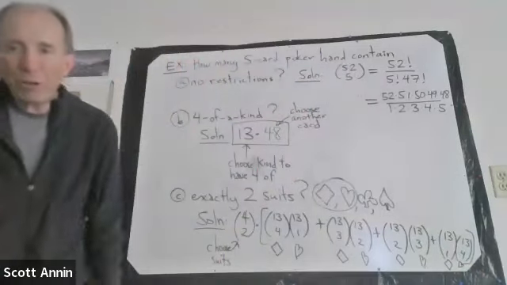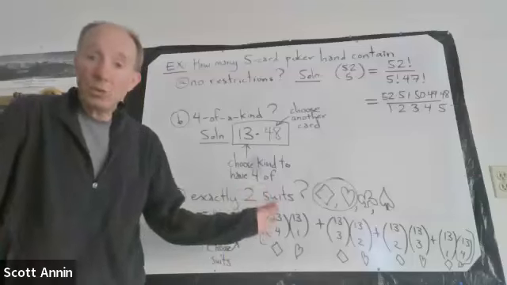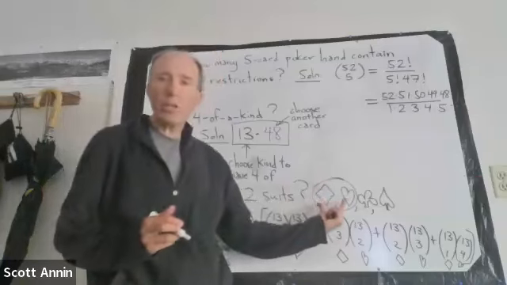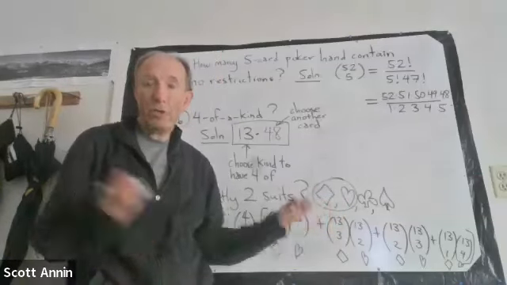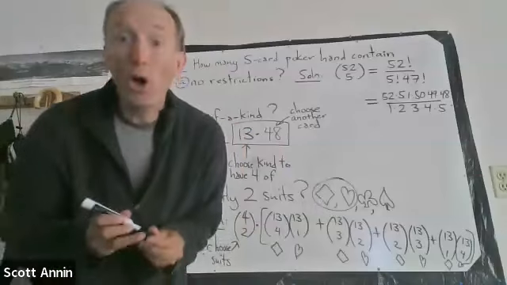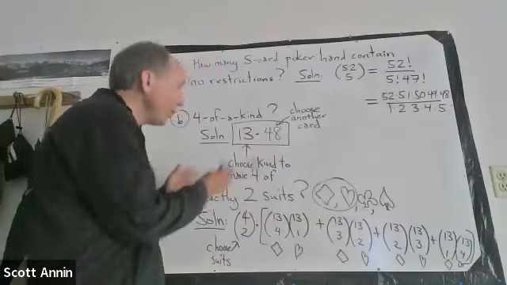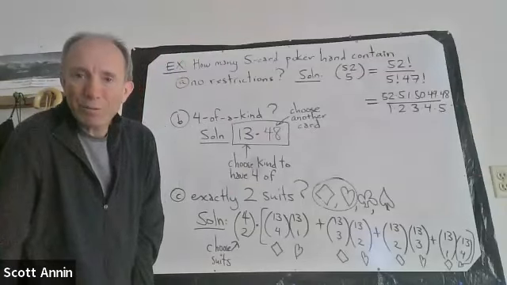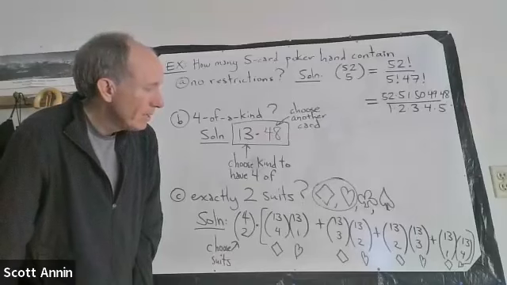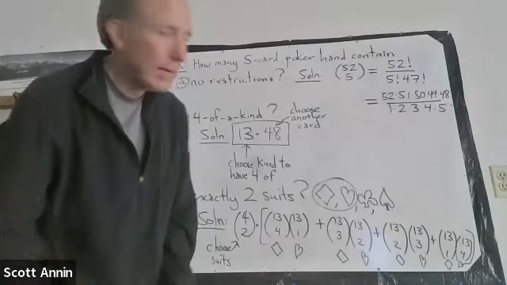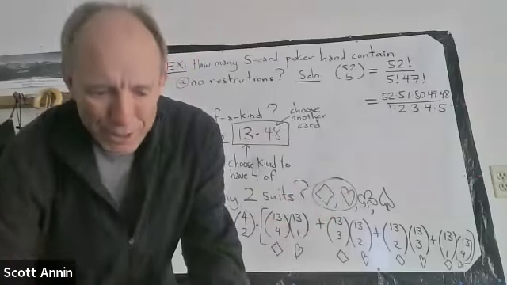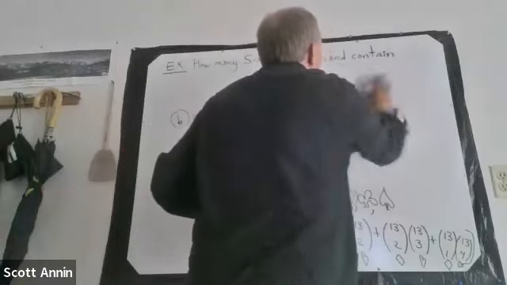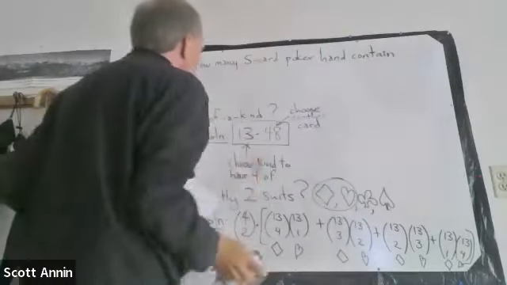That way you're making sure that you get at least 1 diamond and at least 1 heart. You can't just say, well, there's 26 cards here, let's just choose 5 of them, because you could accidentally choose 5 hearts, and then you haven't used both the diamonds and the hearts. So we do have to be a little bit careful. Great, so that's the answer here. And again, I don't care what the numerical value is.